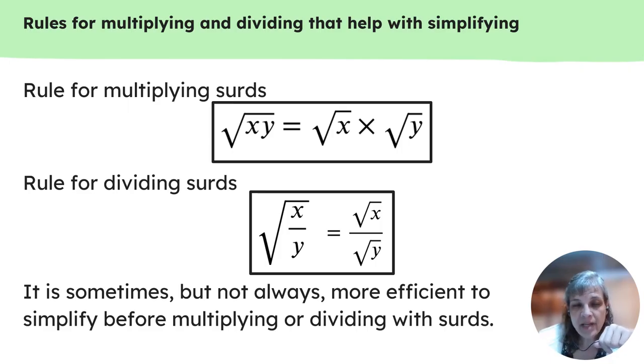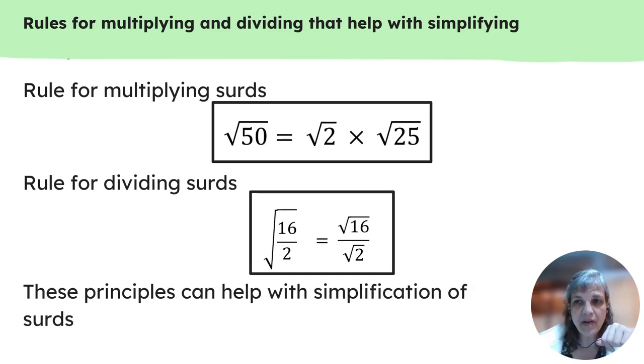So when you're dividing, also you could have the square root sign over both x over y, or you can have the square root of the thing on top over the square root of the thing on the bottom. So these two things are true, multiplying and dividing, and we have to remember that they will help us to simplify. Sometimes, not always, it's more efficient to simplify before multiplying and dividing, but we'll see as we carry on.